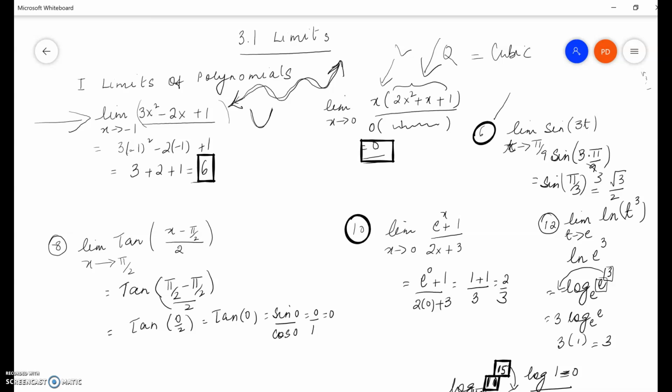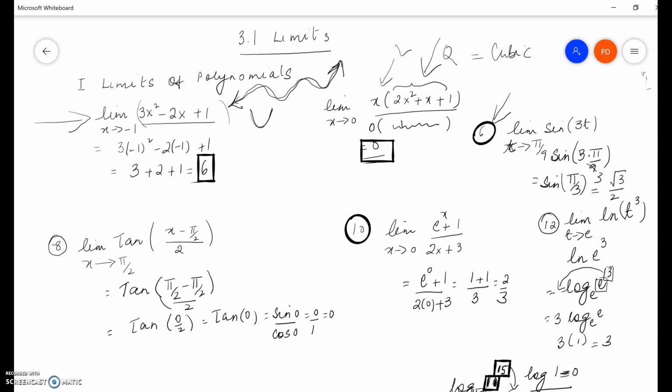Now let's look at problem 6, which is the limit of sine 3t as t approaches pi over 9. The sine function is continuous. It's a periodic function. It looks like a wave. And we try substitution first.